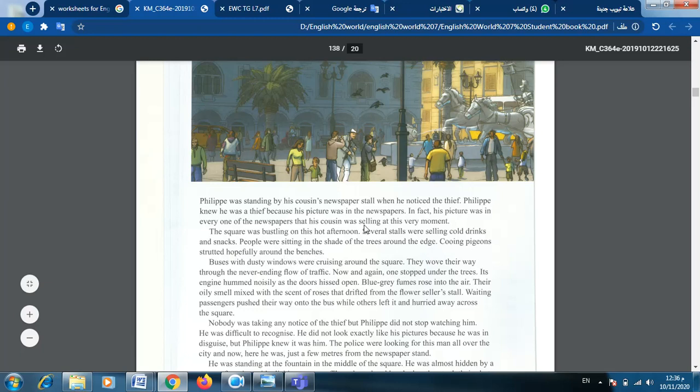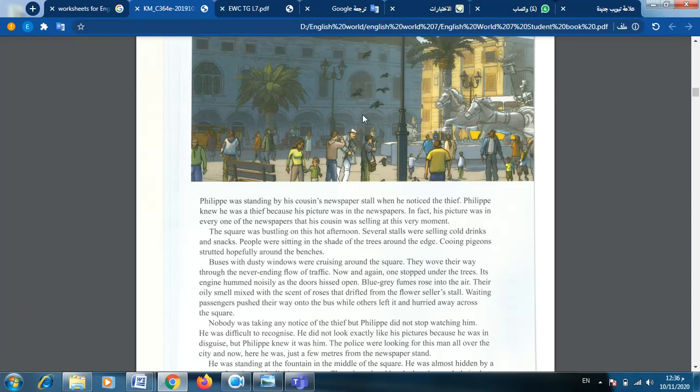Okay, this is a square. The square means an open area at the meeting of two or more streets. Look here, this is a street, another street. Some streets meet together. This place is called a square. The square was full of people, okay. You can see a lot of people here.